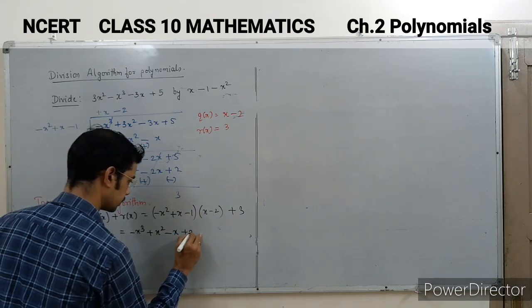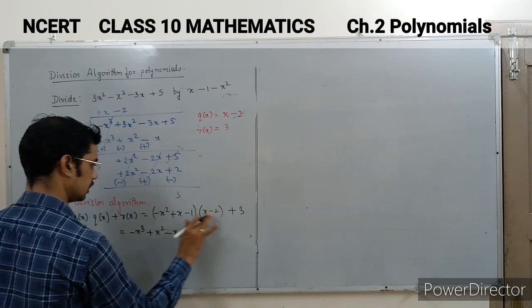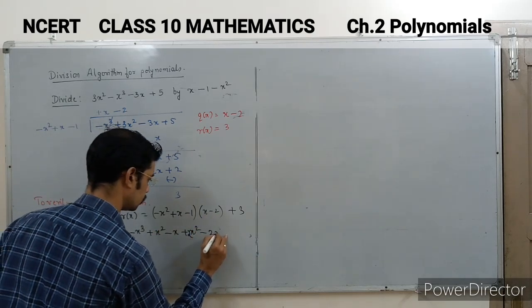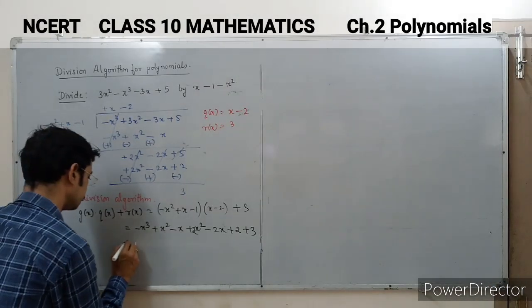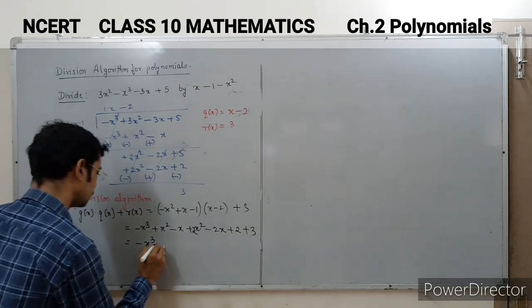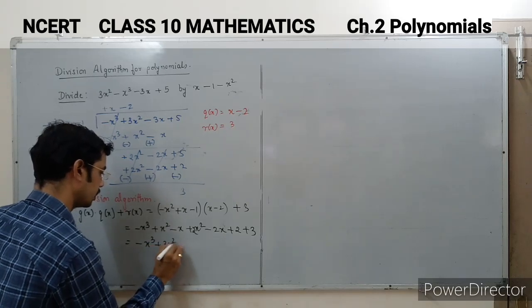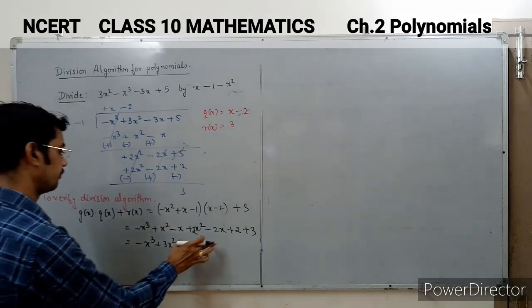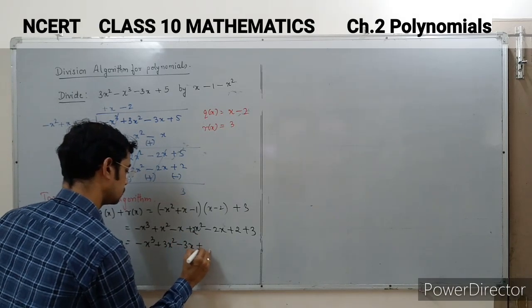So you get plus 2x square, then minus 2x plus 2 plus 3. Okay, this becomes minus x raised to 3, then plus 3x square, and then we have minus 3x plus 5.